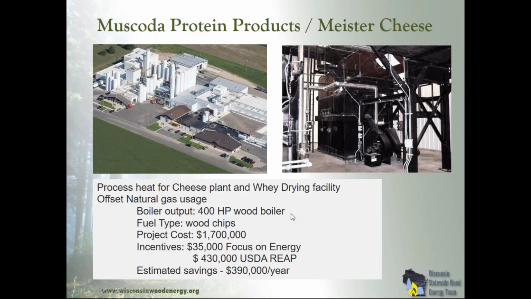This was used for evaporating water to make dried whey powder and for process heat for the cheese plant. They got 2 grants. One was $35,000 from the Focus on Energy Program, which is Wisconsin's energy efficiency program, and $430,000 was from USDA, which I'm assuming was a REAP grant, Rural Energy for America Program.